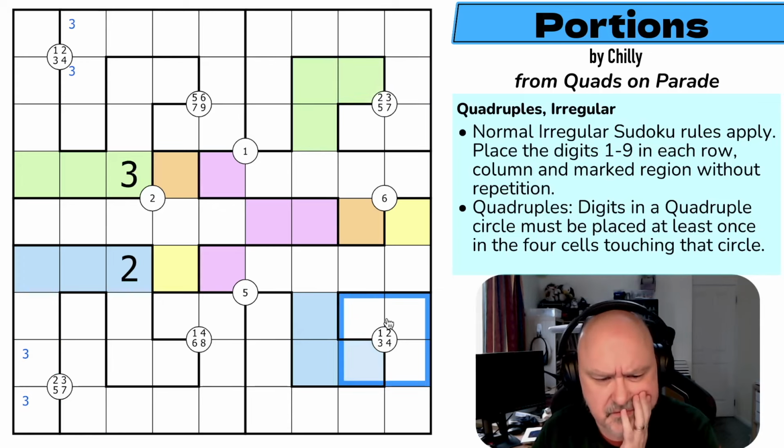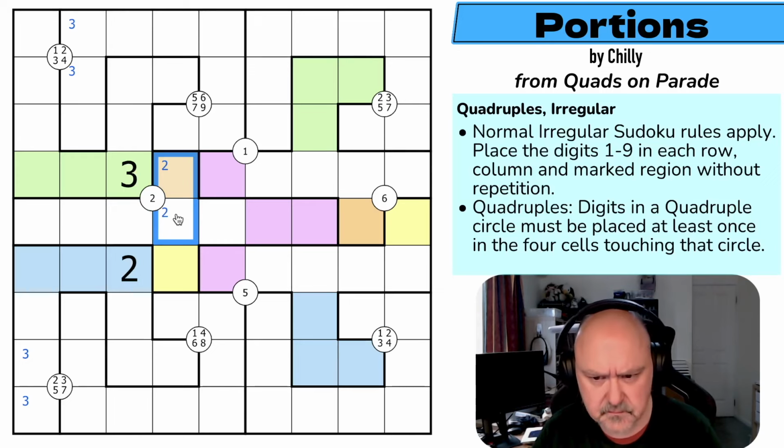No, I've lost it already. There was an elegant break into this, but I don't remember what it is. There's a 2 in one of these 2 cells, and that's the 2 in this region. So the 3 in this column, maybe? I can't put the 3 here or here or here.